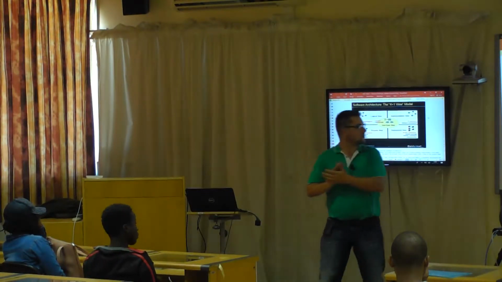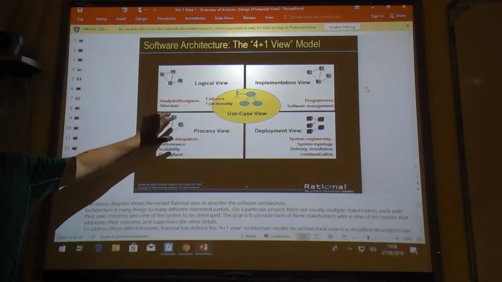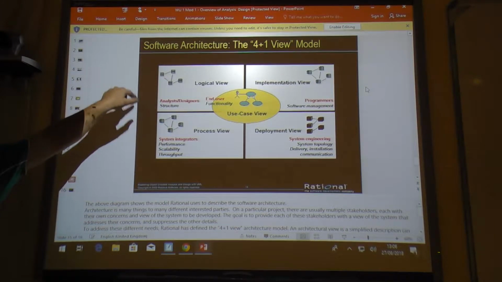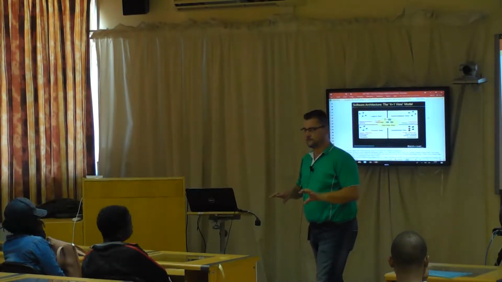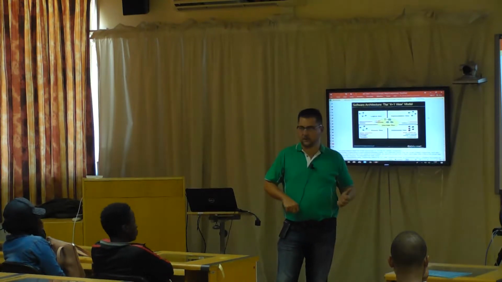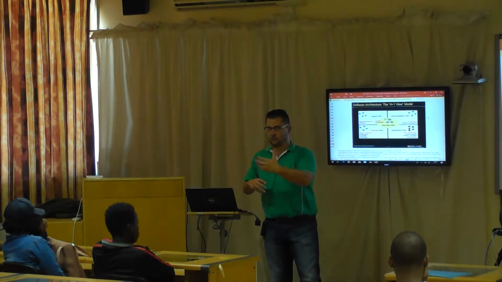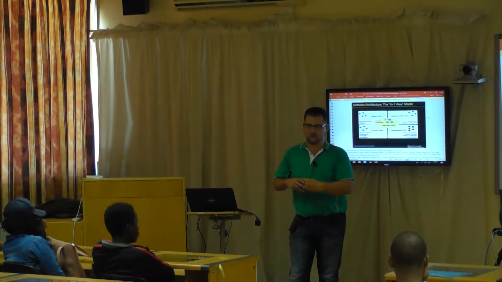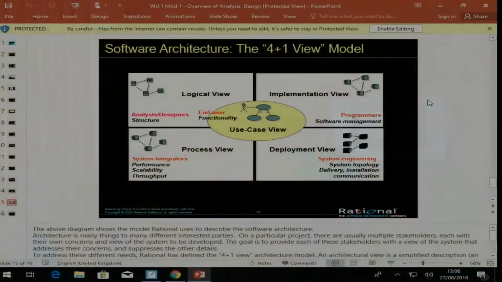Okay, so for the logical analysis, the analyst and designer is worried about how it is structured. Then the implementation view, that's where the programmer is looking at what must be coded. The deployment talks about the arrangement of the software system. What component is running where?